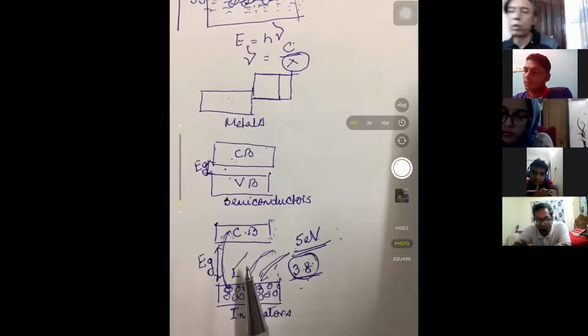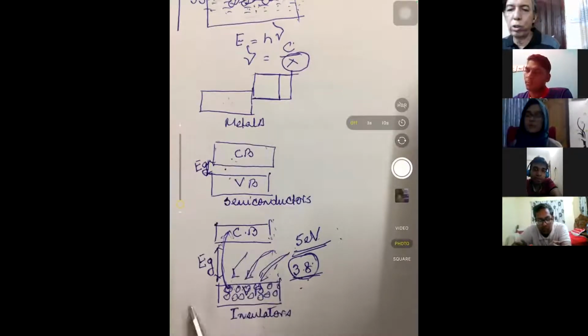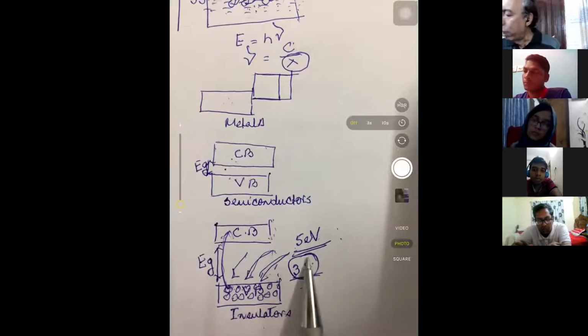Of course, it can be diffracted if it has grain boundaries. I have told you in the previous class. If it has grain boundaries, the light can be diffracted, but no energy of light will be absorbed by the electrons because the band gap is high here.